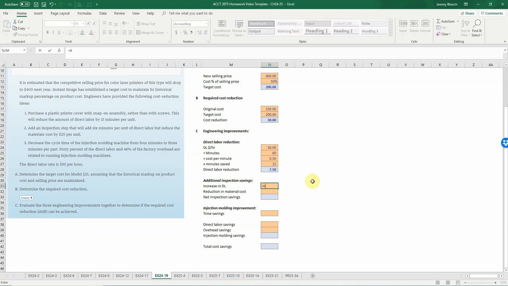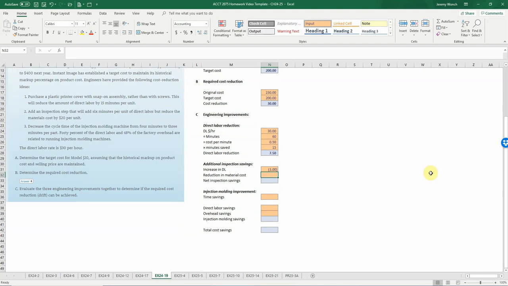So if we're going to add 6 minutes, at 50 cents a minute, we're going to increase our cost by $3 per unit, but we're going to save $20 in direct materials. So we're going to save $17 from idea number 2.